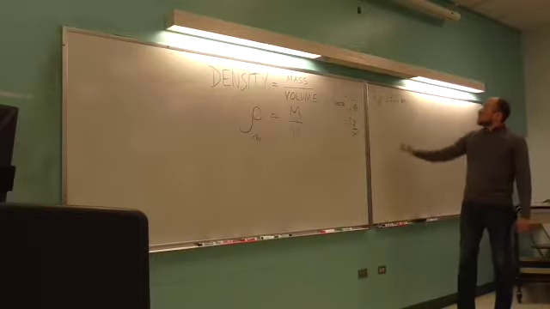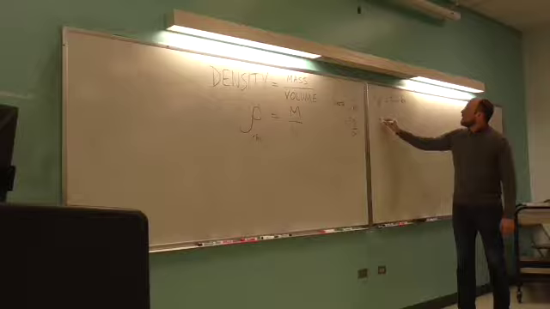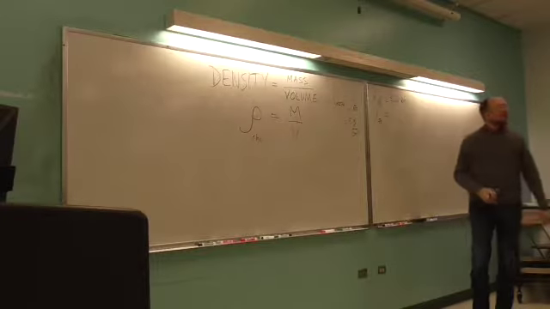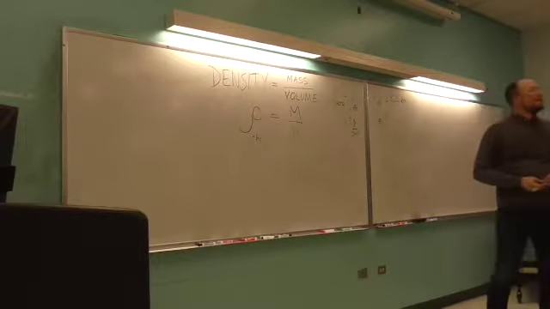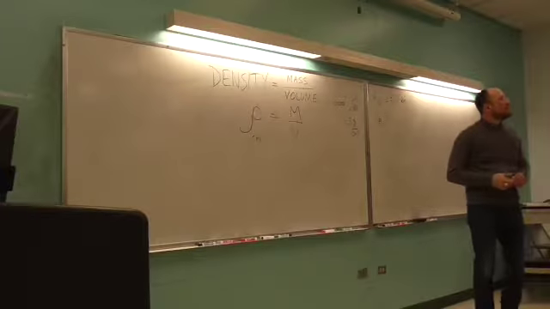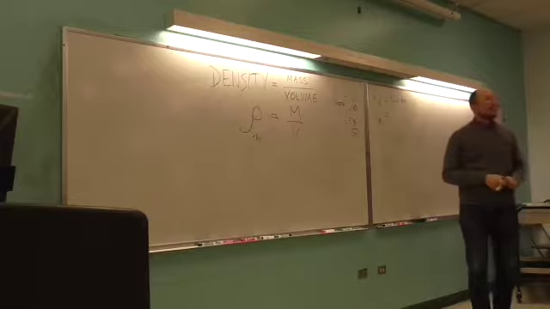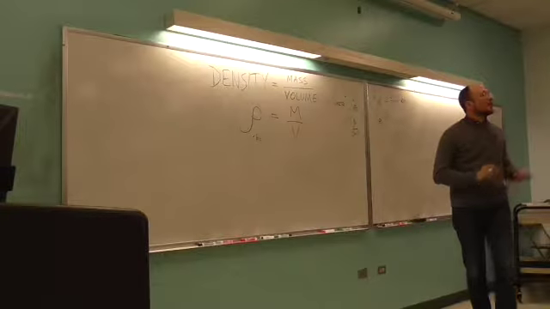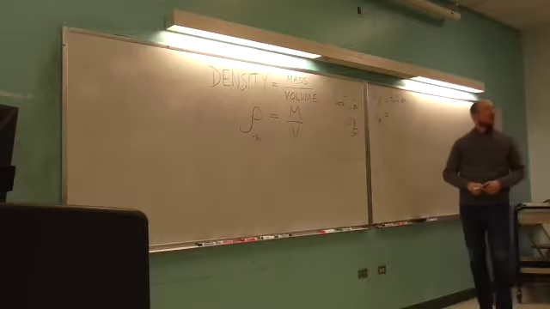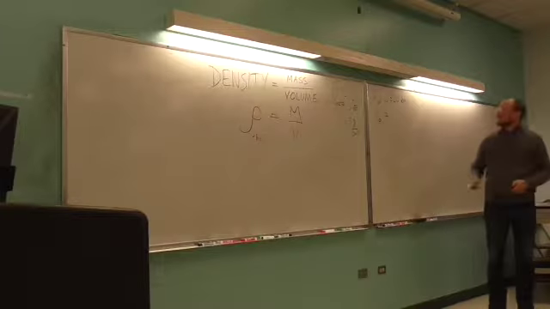If I know the radius of the Earth, do I know the volume of the Earth? Can anyone tell me how I would get that? Google. You could Google it, but we could calculate it without using a calculator right now. So what formula would I use?